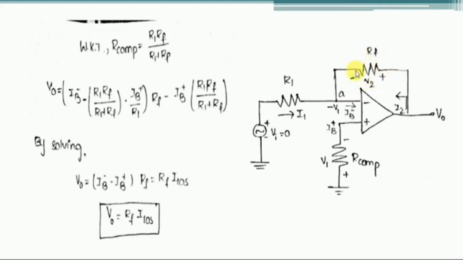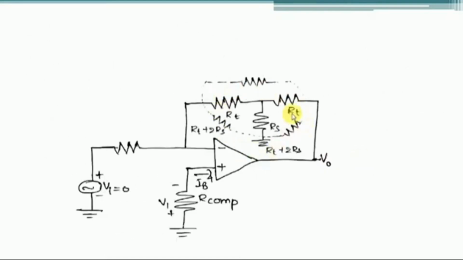In place of this RF, we are adding a T-shaped network, which consists of resistors. It is also called a star network. So the RF value is modified with this star network, which is RT and RS. This is the procedure to reduce the output voltage V0 to 0 even if there is a small amount of current present at the input terminals of the op amp. This is how we provide compensation to the input offset current.